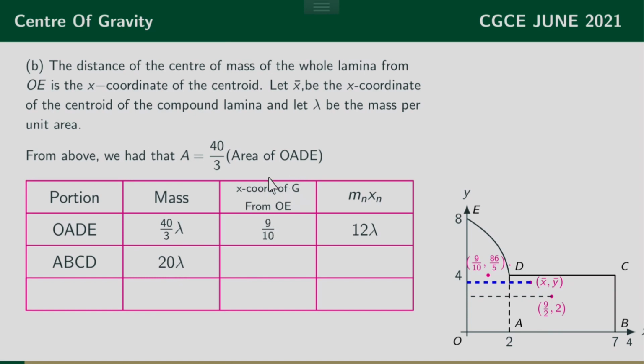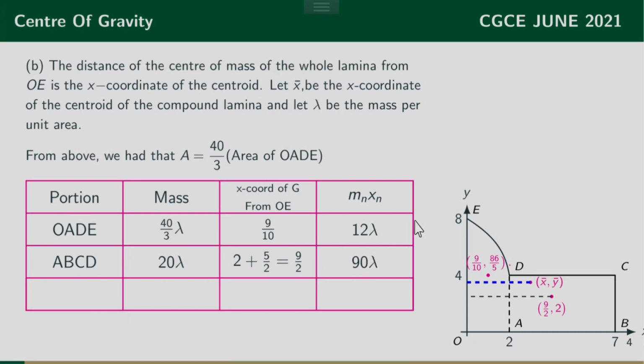The x coordinate of the center of mass from the side OE will be this distance here, which is 9/2. So I'm adding 2 plus 2.5. That gives me 2 plus 5/2, which is 9/2. The moment of that mass about OE will be 20 lambda times 9/2. That gives me 90 lambda.